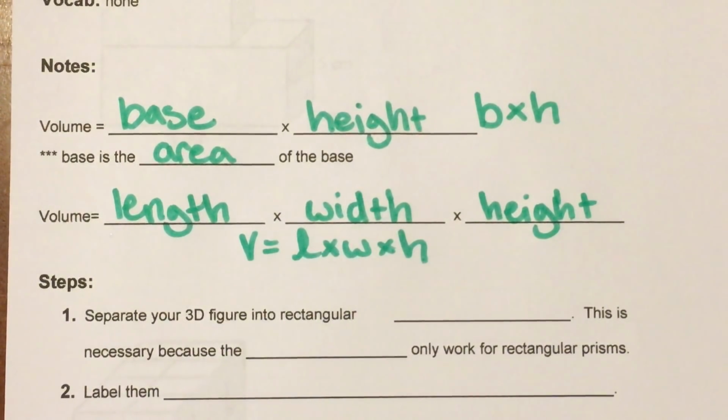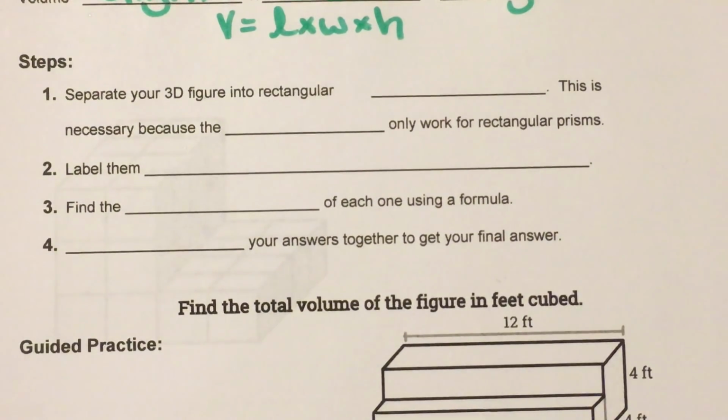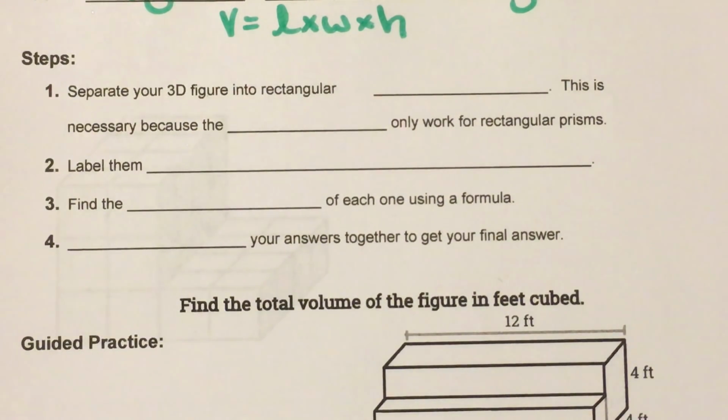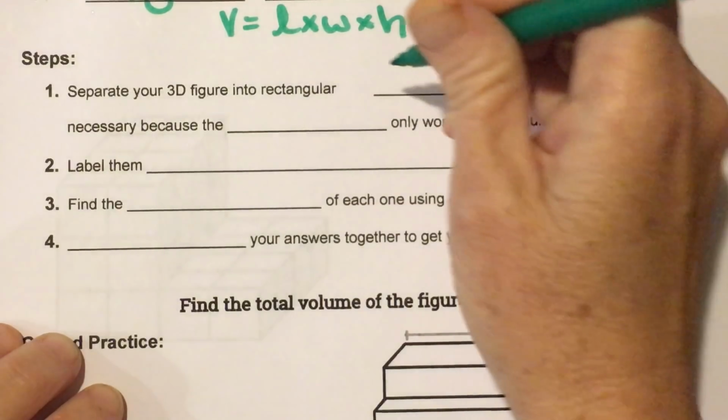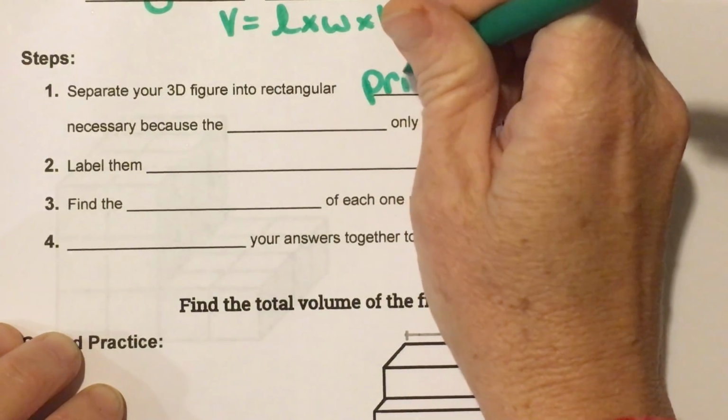The important thing to know about those two formulas is that they are only good for rectangular prisms. I couldn't find the volume of some weird shape or of a sphere; it's specific to rectangular prisms. So our first step today is to separate your 3D figure into rectangular prisms.